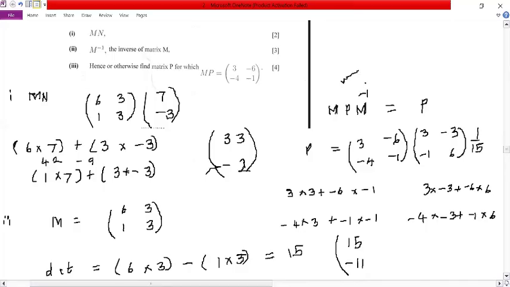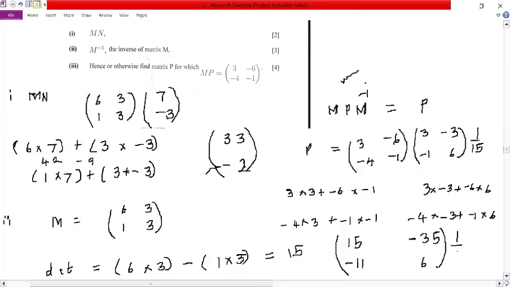Then here it's minus 9 minus 36, we get minus 45. Then here we get plus 12 minus 6, we get 6.